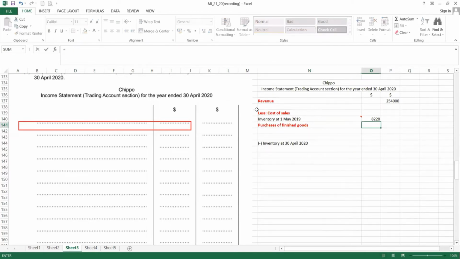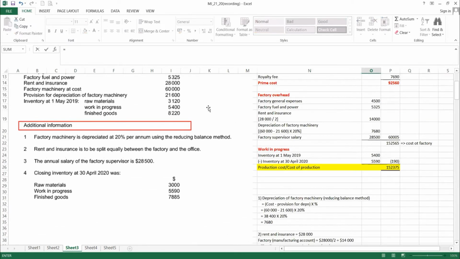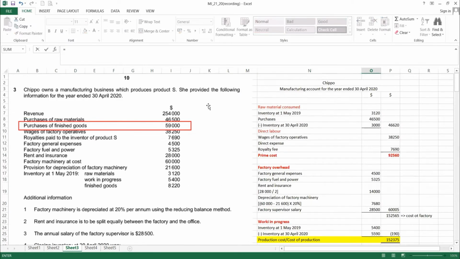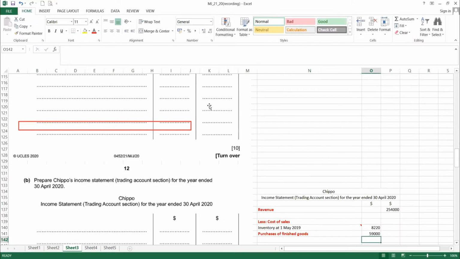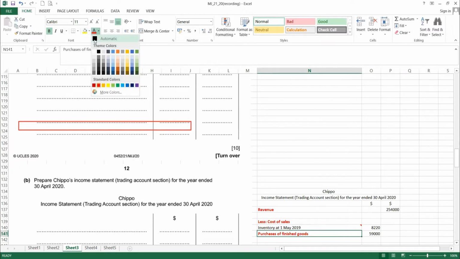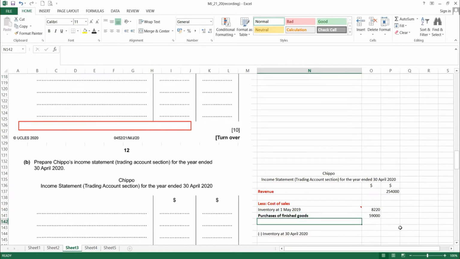And the amount is 5900. Okay. So take notes about this finished good.